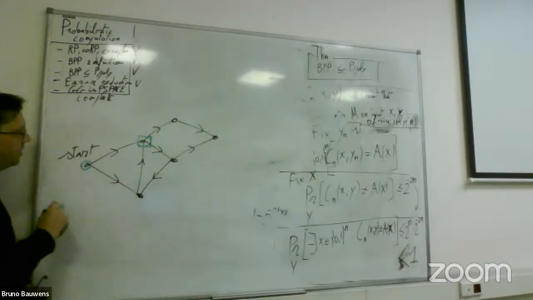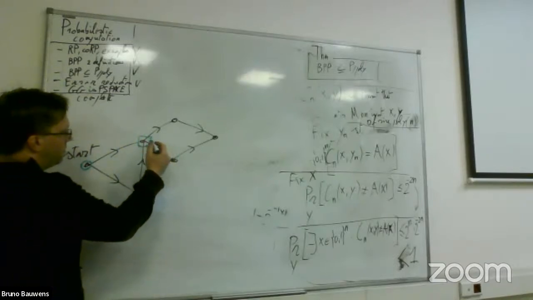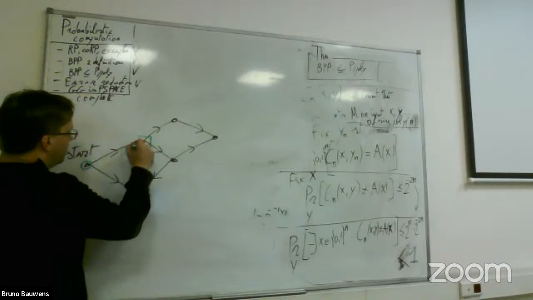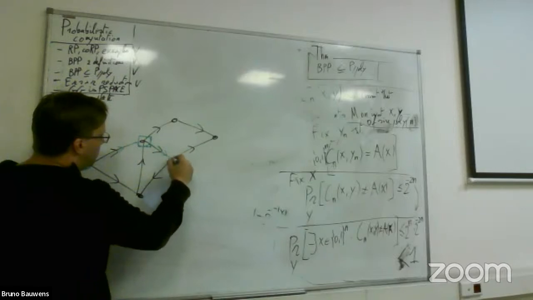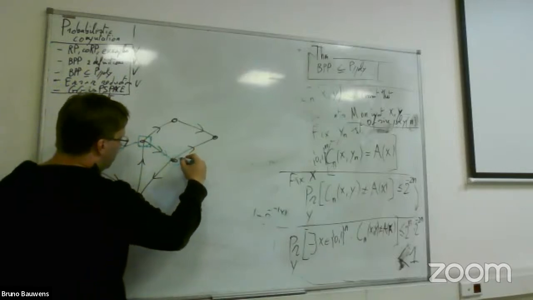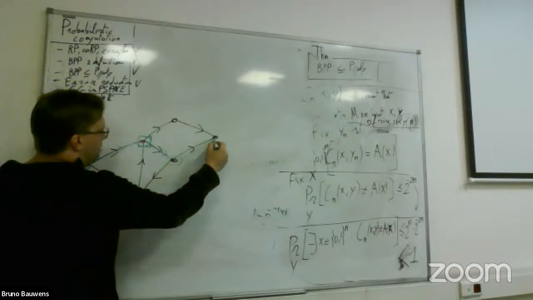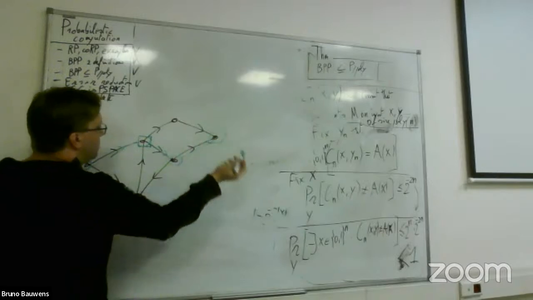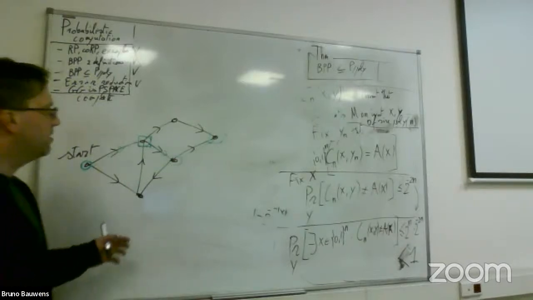So the first player chooses this node, then the second player can, for example, choose this node. And then the third player can choose this or this node, and he wins. So the first player who cannot choose a neighbor loses. So the loser is the one who cannot find a neighbor.